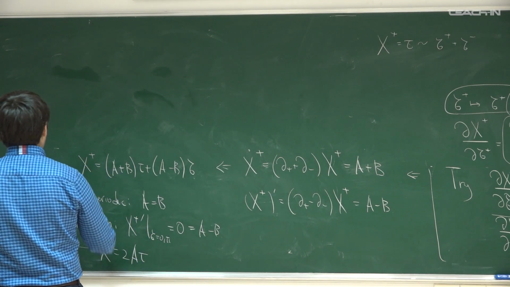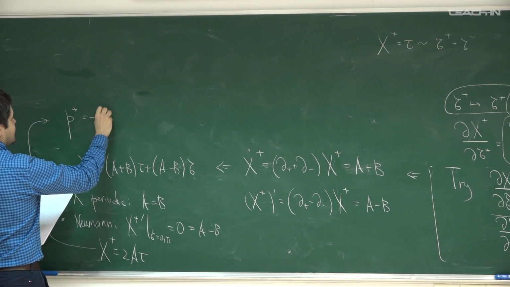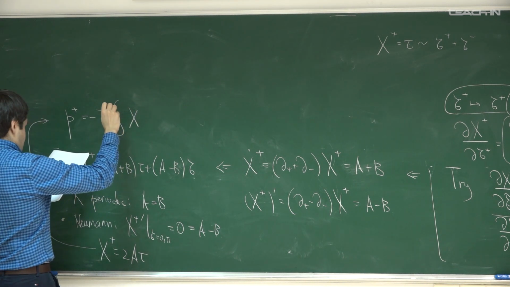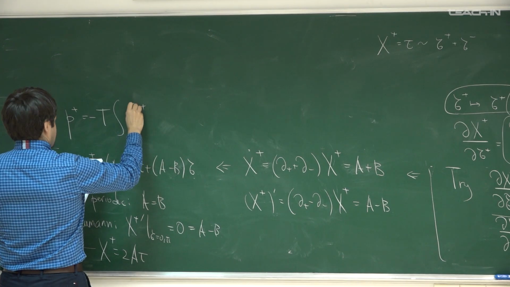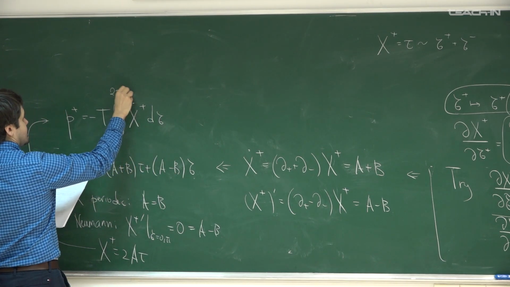P plus. Recall what is P plus. P plus is minus T integral x plus dot d sigma from 0 to 2 pi.